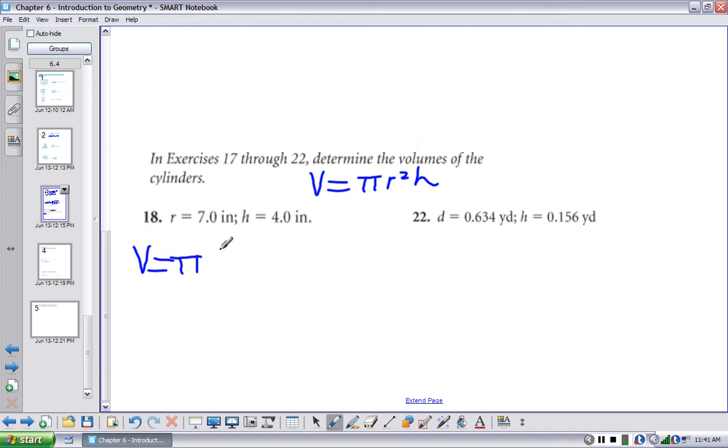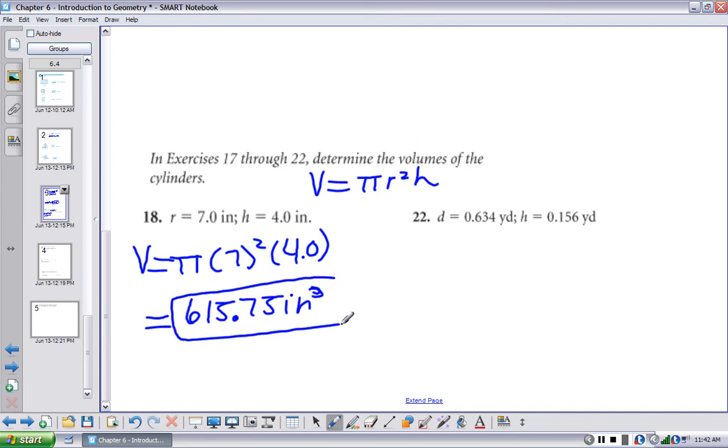Volume is pi 7 squared times h, which is 4. So this volume is 615.75 cubic inches. Cubic inches.